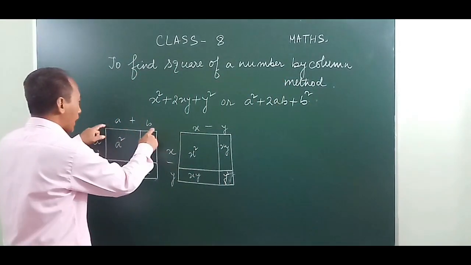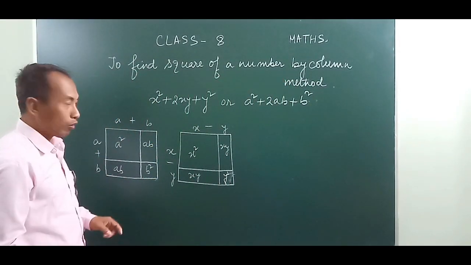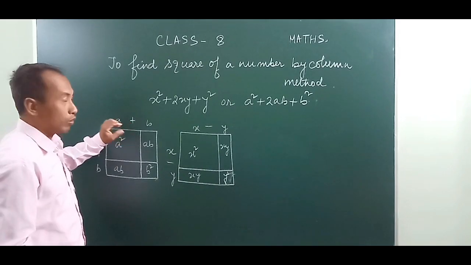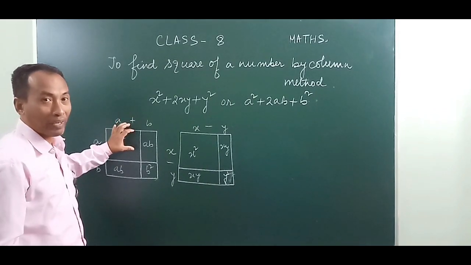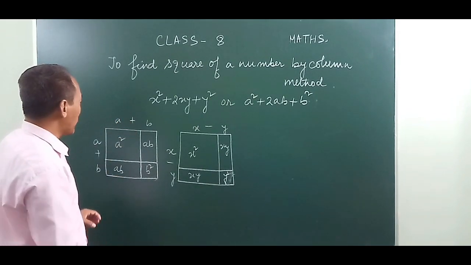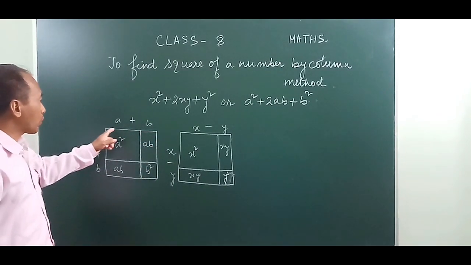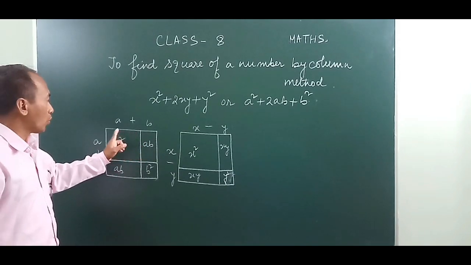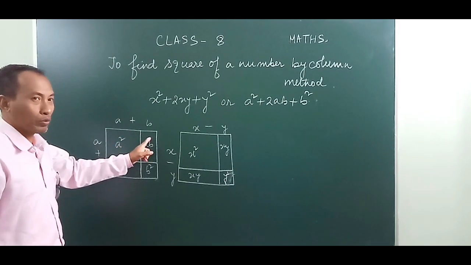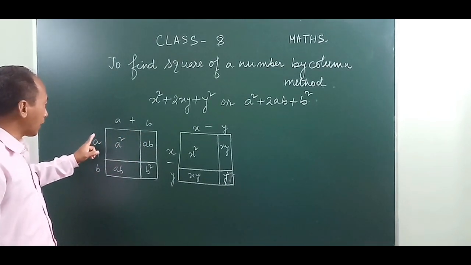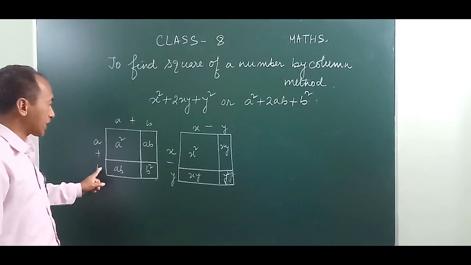You take a square paper of 3 or of 5 centimeter or of 8 centimeter. If you take a square of 8 centimeter, divide the square into two parts, one of 5 centimeter and one of 3 centimeter, on the other side also 5 centimeter and 3 centimeter.